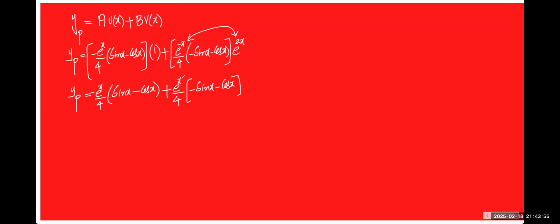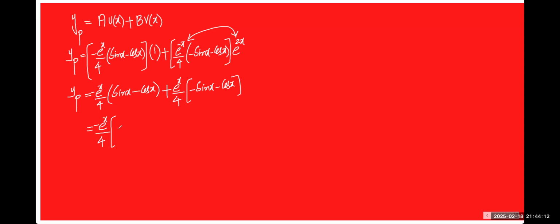After that, e power x by 4 is repeated, so we take it outside. And don't forget that we had a minus sign, so better we take minus also outside.